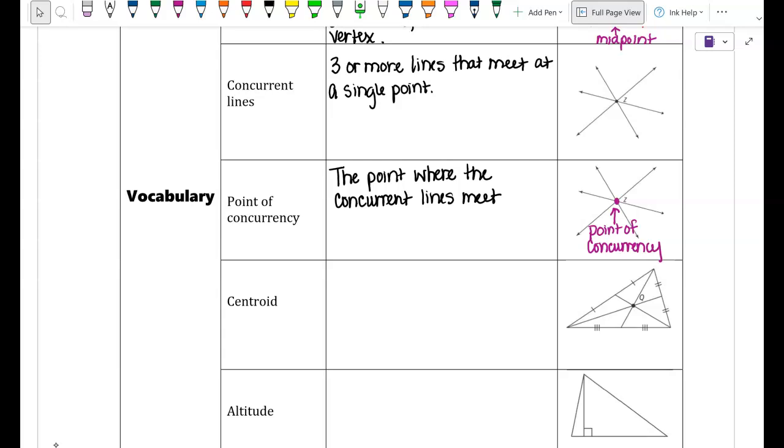All right, and then the next term is the centroid. The centroid is the geometric center of the triangle.